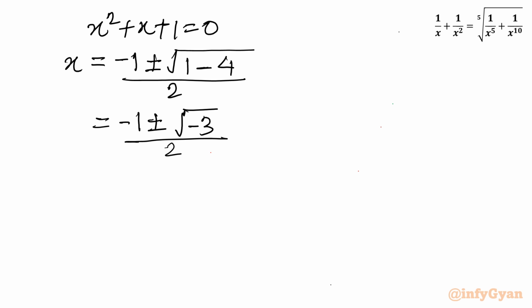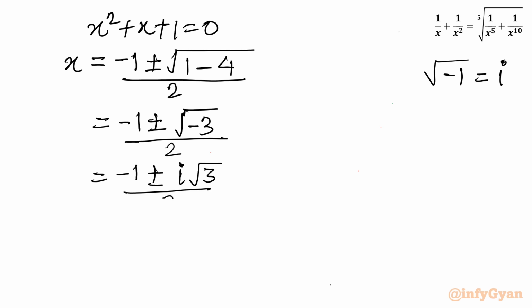Now we know that square root of minus 1 is i, a complex number. So we can write this as x equal to minus 1 plus minus i times square root 3 over 2. So two solutions are complex.